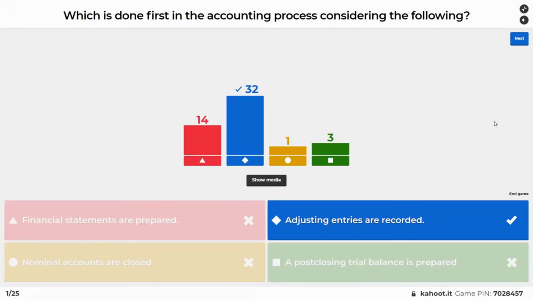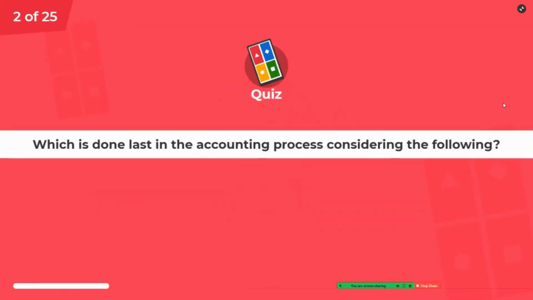Okay, so correct answer is adjusting entries are recorded. Kasi 'di ba, dun sa kung naalala mo yung chart na binigay natin kanina, nandoon lahat ng mga steps, no? Basically, ang tanong sa atin dito sa out of these four, ano yung nauna, no? So 32 of you got the correct.